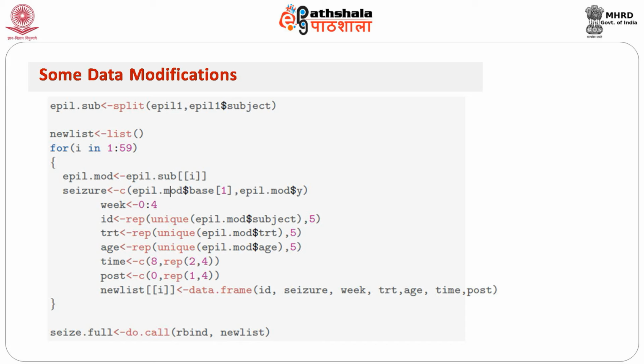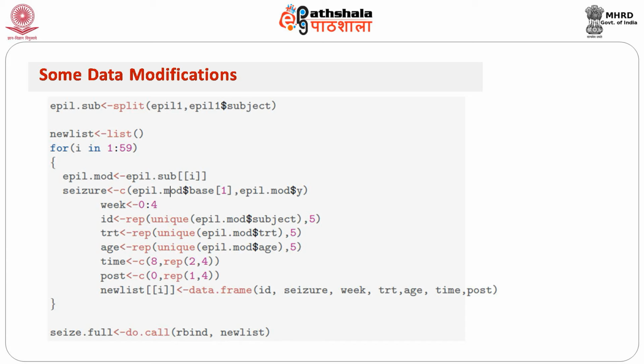So, we store the entire created objects in new list, which is a blank data frame. So, now the ith element of new list would be the new data frame from the old data frame for each subject, and then we bind it and get the data called seizure.full. Just to have an idea about seizure.full, we can use head seizure.full comma 10, and now it gives me. So, let us see what it is giving me.